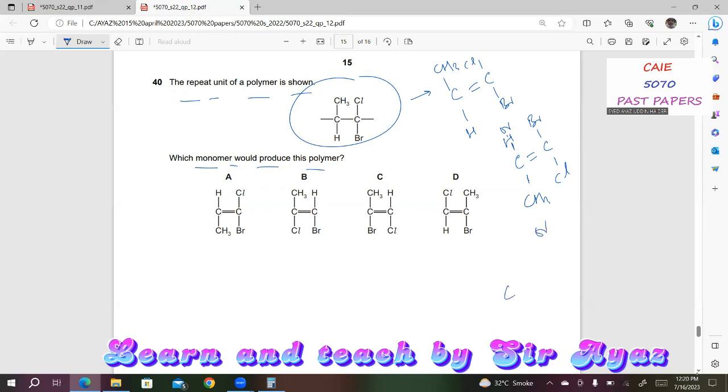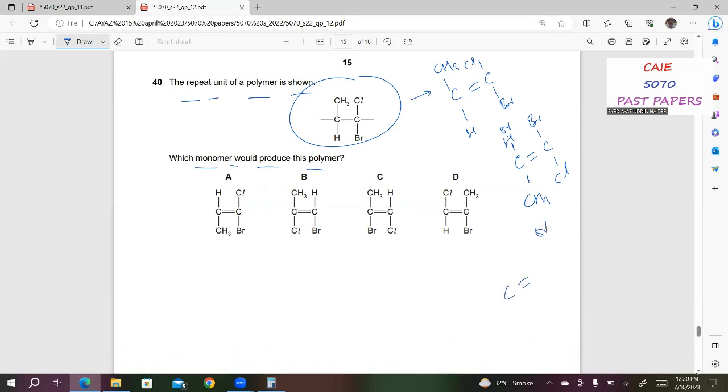Or even this. So only choice 1 fulfills this. So choice A is the right answer in this case.